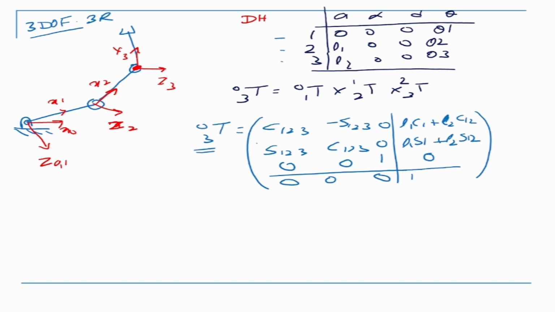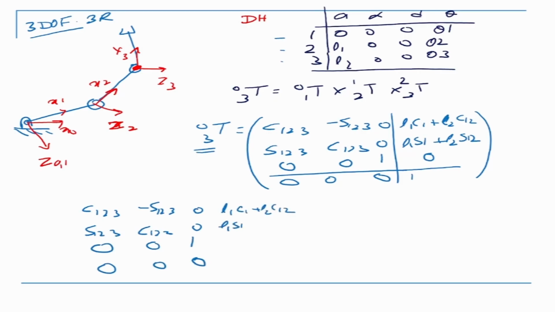Now we will equate this matrix to the desired position and orientation, then try and solve. On this side, let me write T0 to 3 again: cos(θ1+θ2+θ3), minus sine(θ1+θ2+θ3), sine(θ1+θ2+θ3), cos(θ1+θ2+θ3), 0, 0, 0, with L1 cos θ1 plus L2 cos(θ1+θ2), L1 sine θ1 plus L2 sine(θ1+θ2), 0, and 1.